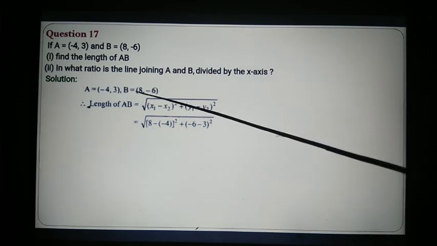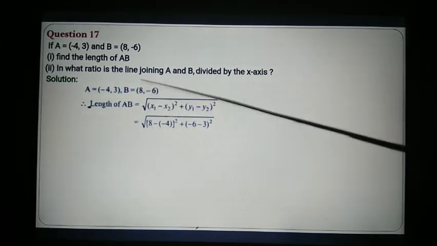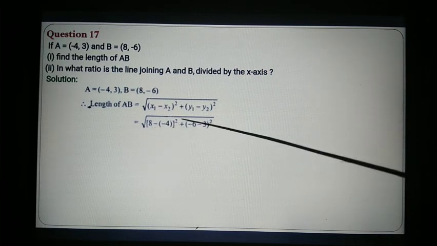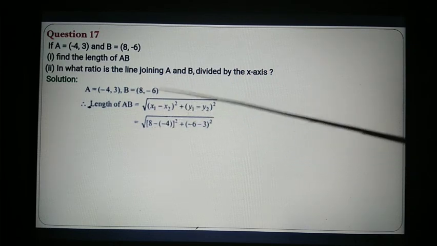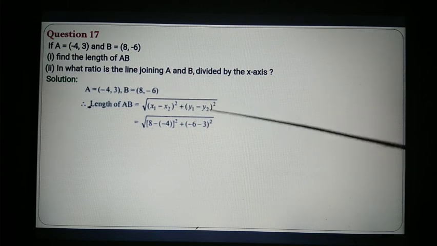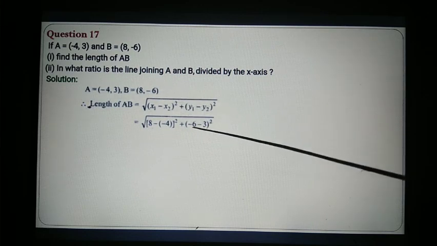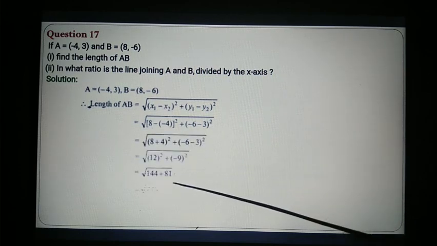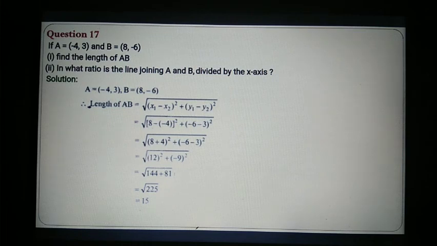So x1 minus x2, x2 is minus 4, so x1 minus 4, square is there, plus y1, y1 is minus 6, minus y2, y2 is 3. So minus 6 minus 3 whole square. Simplify this, you will arrive at the value of AB to be 15. So you may pause the video to note down, and you will try the second part by yourself.